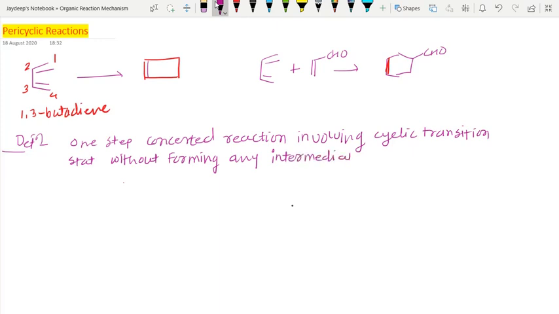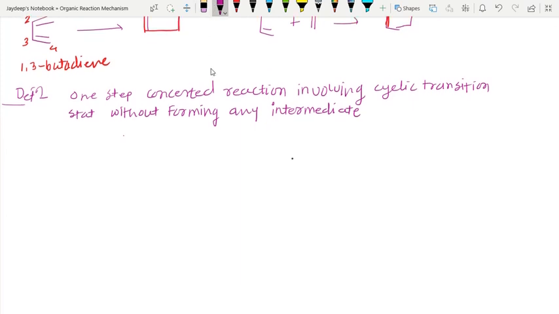Now this is the definition for the pericyclic reaction.